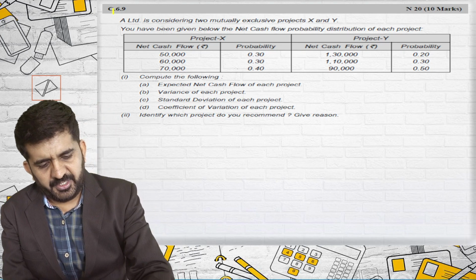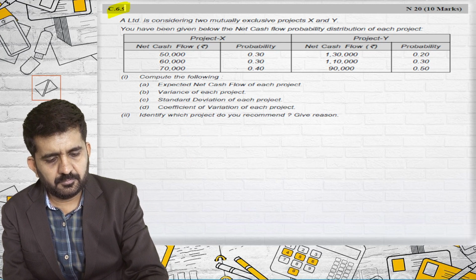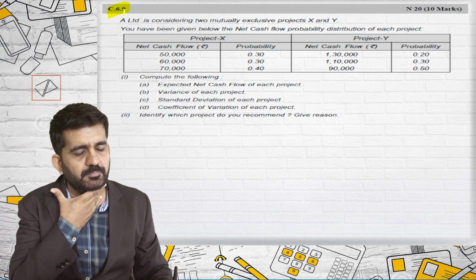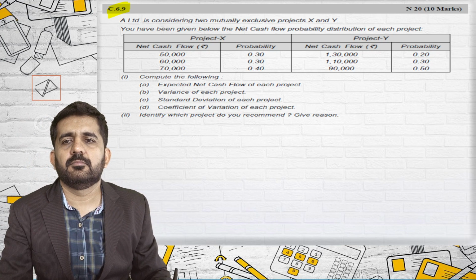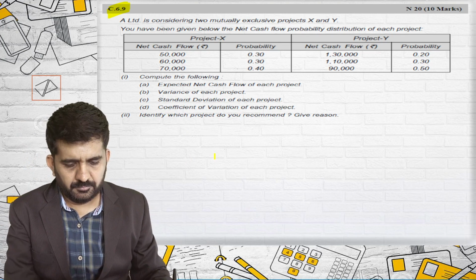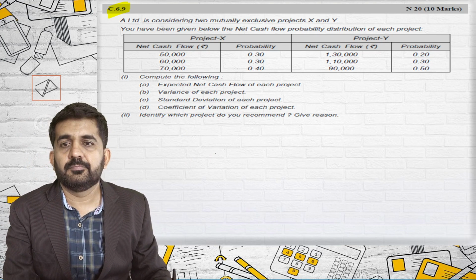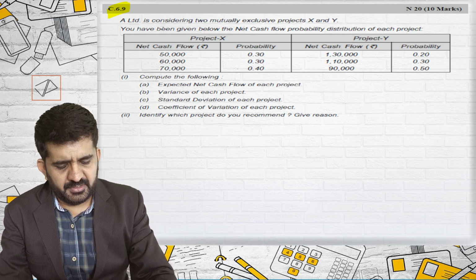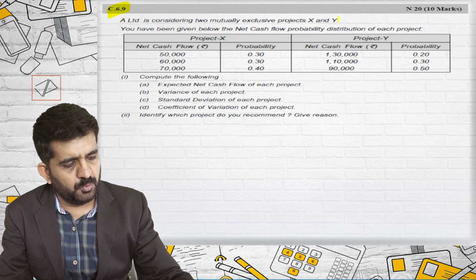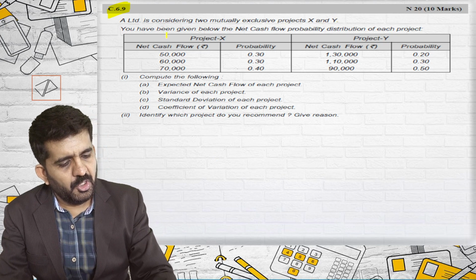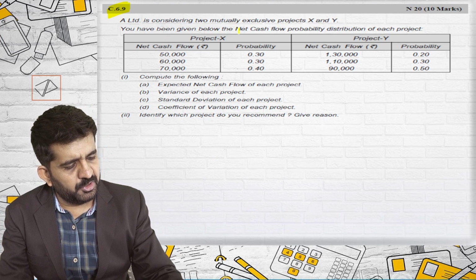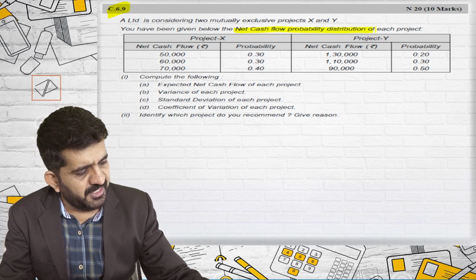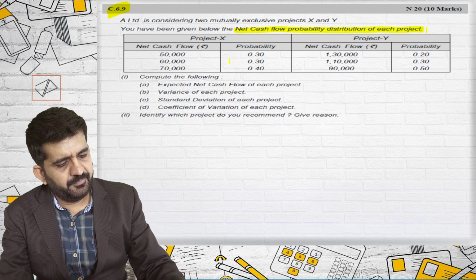This is C 6.9. A Limited is considering two mutually exclusive projects X and Y. You have been given below the net cash flows probability distribution of each project.